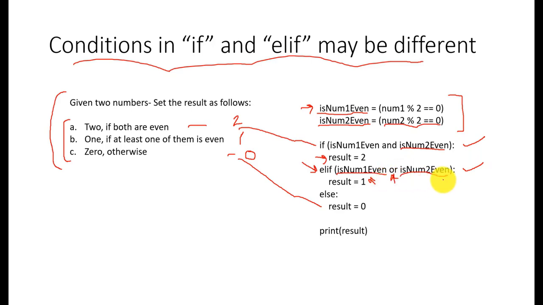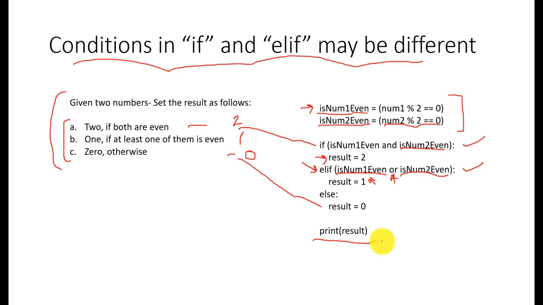The conditions are different. In this example they are still working on the same variables, but they need not work even on the same variables. They can be totally different, totally independent of each other, right? And in the last, we are printing this result. Whatever result is calculated here gets printed here.